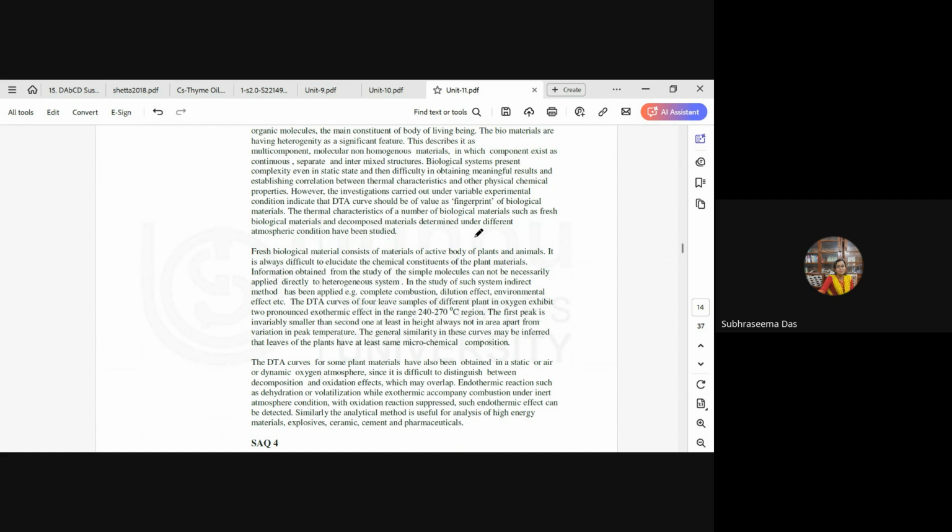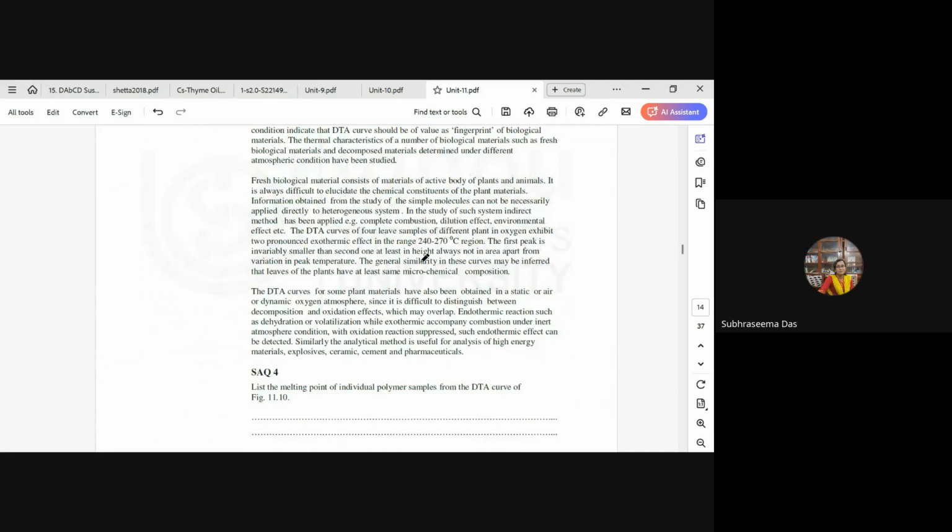The DTA curves of four different leaf samples in different oxygen environments have been shown to show the degradation effect. Looking at the degradation effect of the leaves, we can predict the nature of the leaves, or the structural degradation of the leaves occurring in different types of environment.